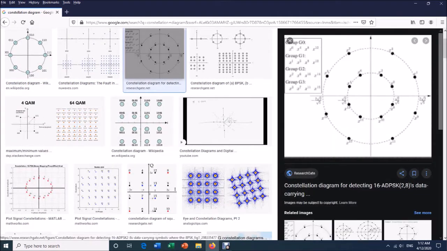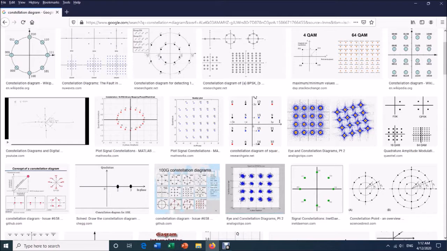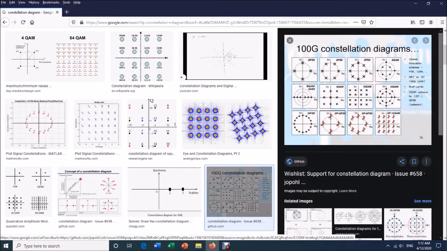Here is a different way of doing a 16 symbol constellation diagram with different locations and amplitudes and phase angles for the symbols. Now, some of these designs may be preferred over other designs depending upon other circumstances in designing the system. So, and that's thankfully beyond the scope of our course.